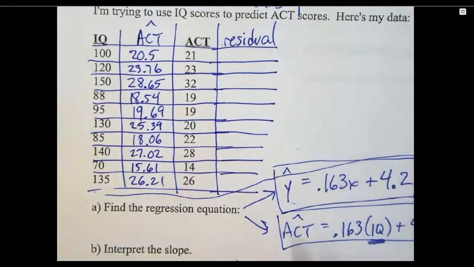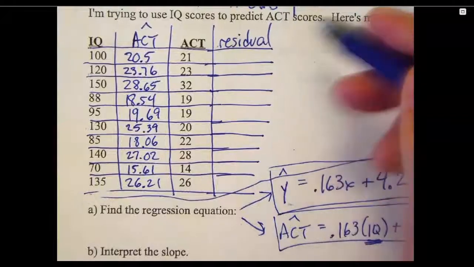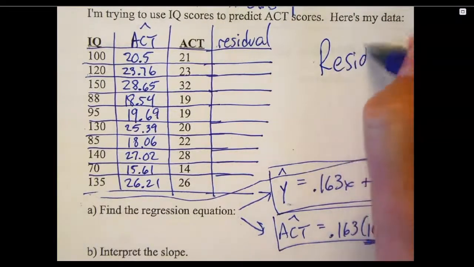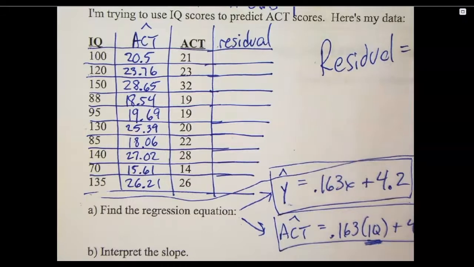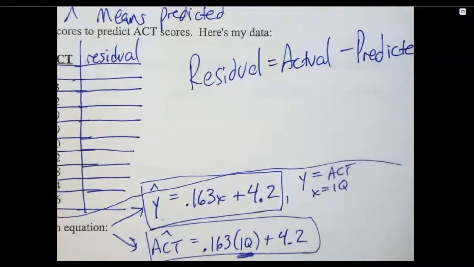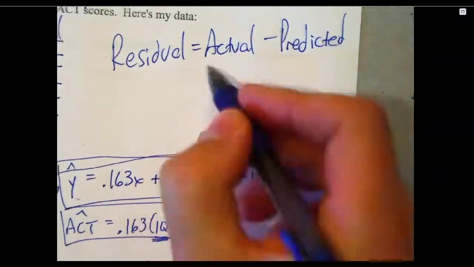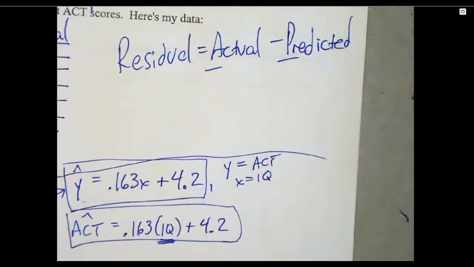Right. So the residual, this column here, is the actual minus the predicted. I remember that because you are in AP stats. That's the order: actual minus predicted, A minus P, or it's alphabetical.